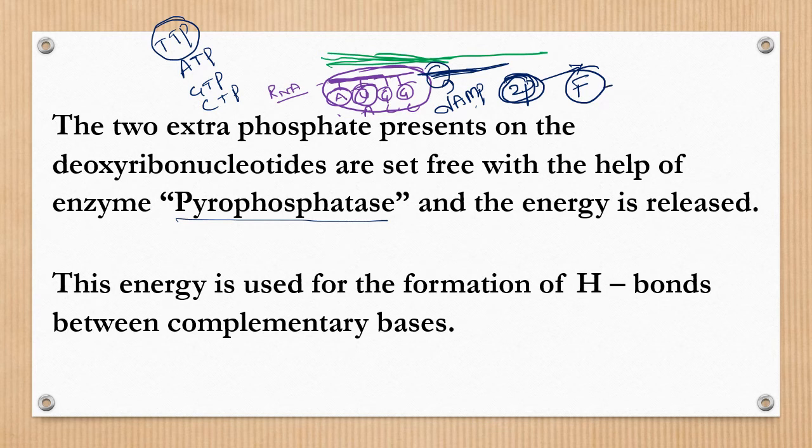Now, this free energy, when the two phosphates are separated, whatever energy is released, is used for the formation of hydrogen bonds between the two DNA strands.